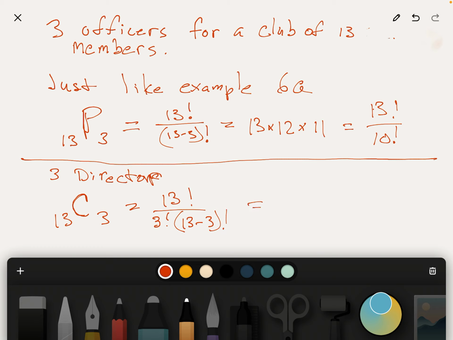And that, of course, is, well, interestingly, let's go back. You can still use this. It would be 13 times 12 times 11, but instead of that being the sole answer, you still have to divide by 3 factorial. So that's it.